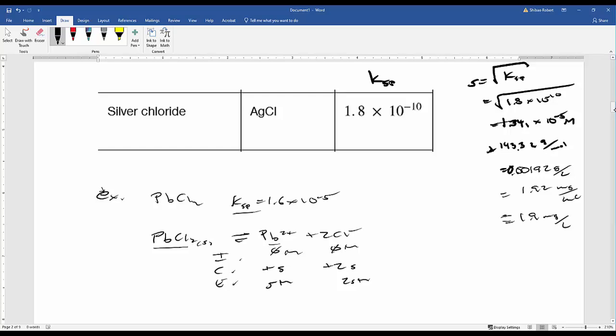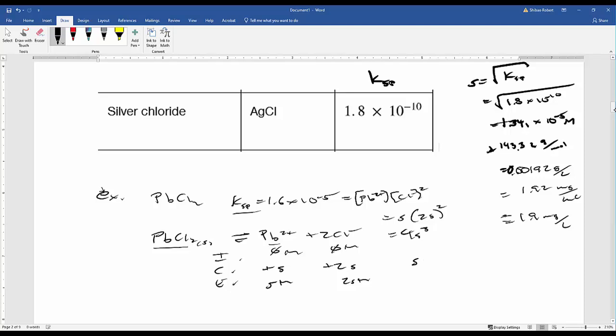And then the KSP value here is going to equal the lead ion concentration times the chloride ion concentration squared. And so this is going to give us S times (2S) squared, which is going to give us 4S cubed. And so we get a different relationship between solubility and KSP.